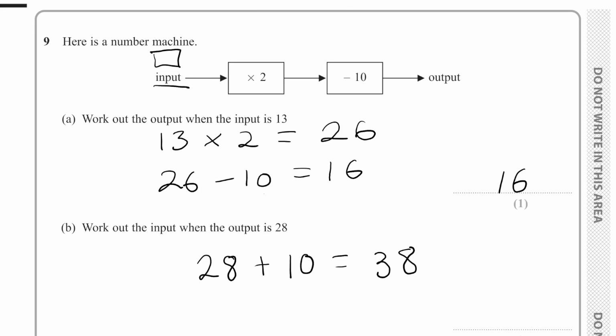So the number must have been 38 before we took away 10 to get 28. And what's the input that we times by 2 to get 38? So to go backwards, we divide by 2. What's half of 38? That is 19. So 19 times 2 is 38. Take away 10 is 28.